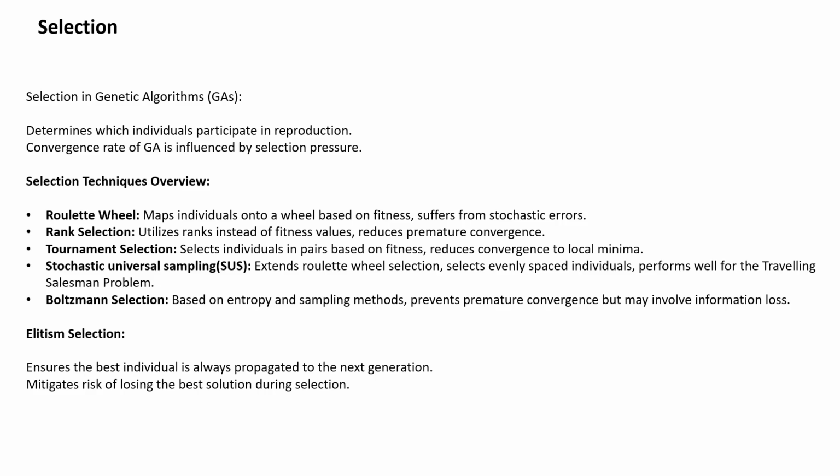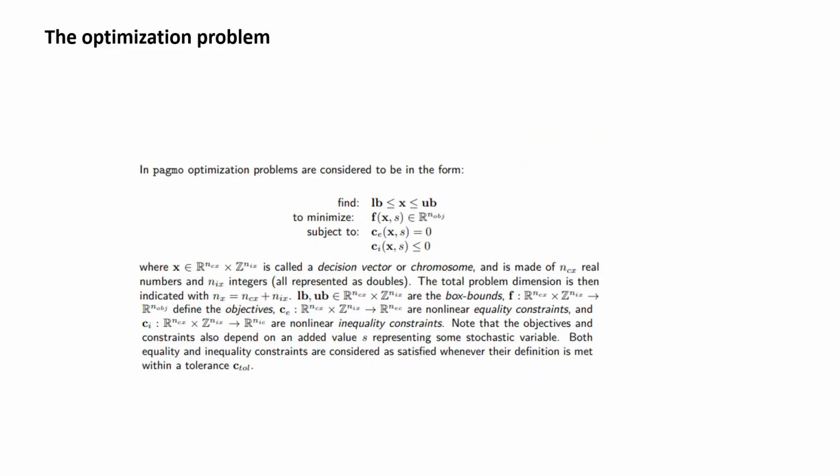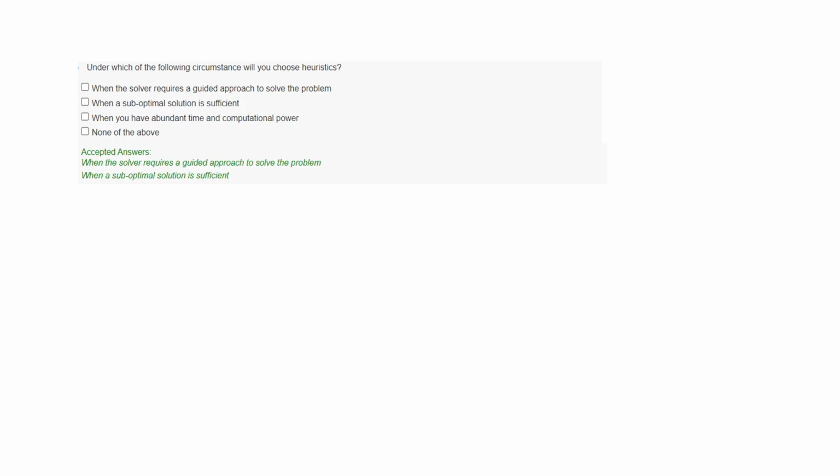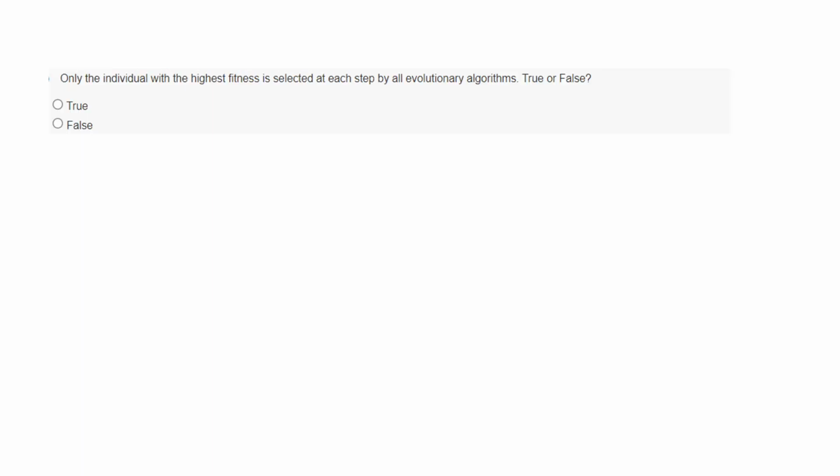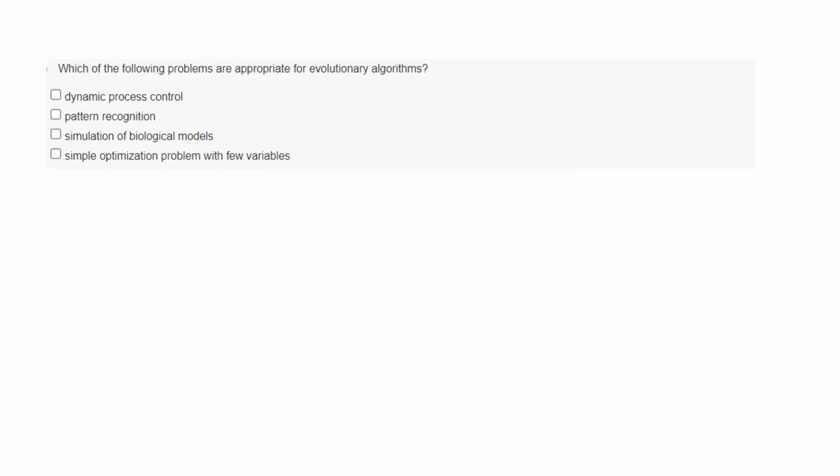You have that power in hand, and you can design your algorithm in such a way that not always the individual with the highest fitness is selected at each step. So this will be false. You can have certain previous bias. Moving on to the next one.